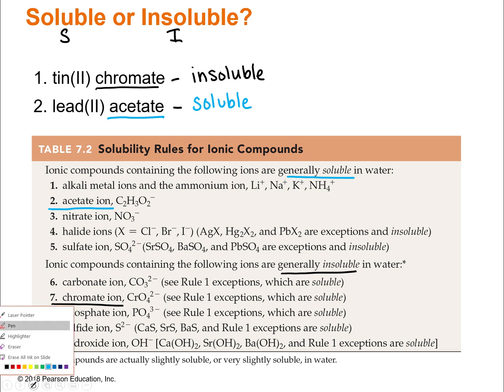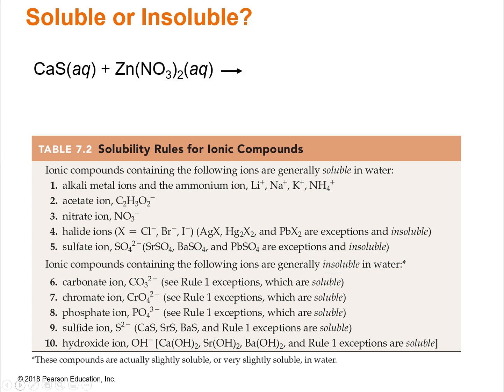Let's try some more. You know I gotta make it a little bit more difficult. This time, we have 2 aqueous solutions. We're gonna mix them together and predict whether or not the products are soluble or insoluble. I'll walk through this one, then I have another one for you to try. We need to swap our ions.